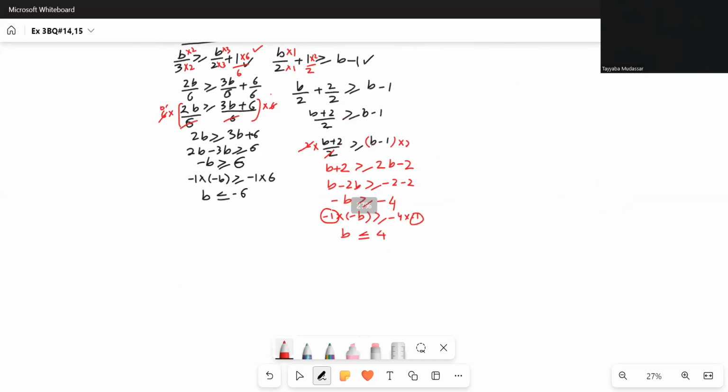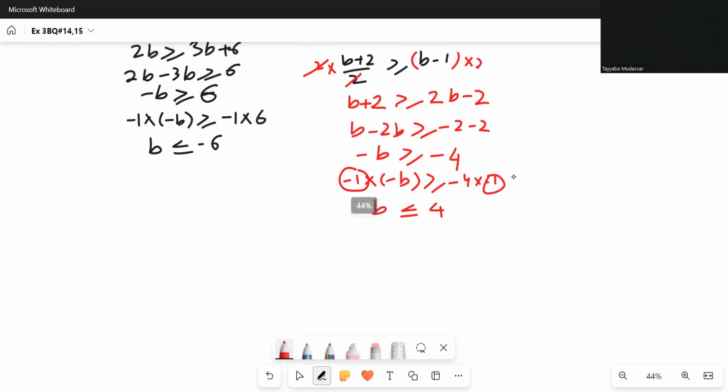Now we have both inequalities. If I write it in this form, minus 6 greater than or equal to b, and b lesser than or equal to 4. So the answer will be in this form.